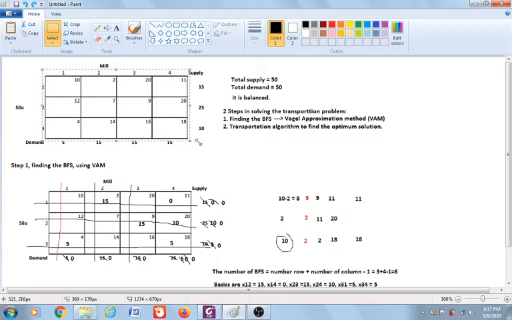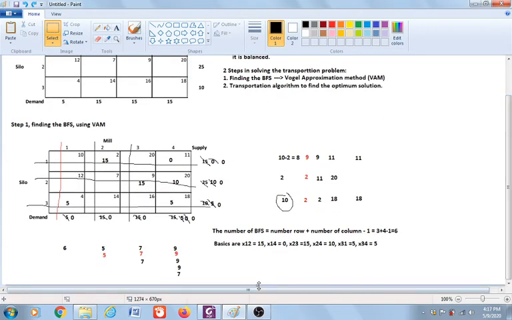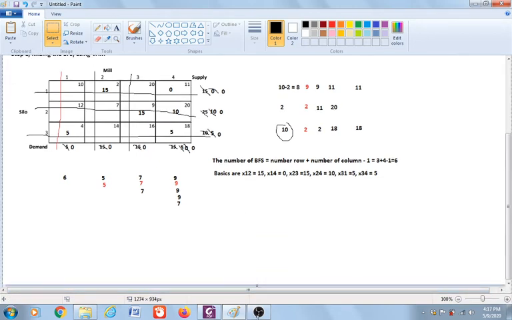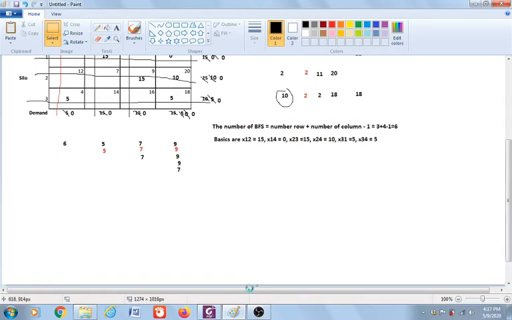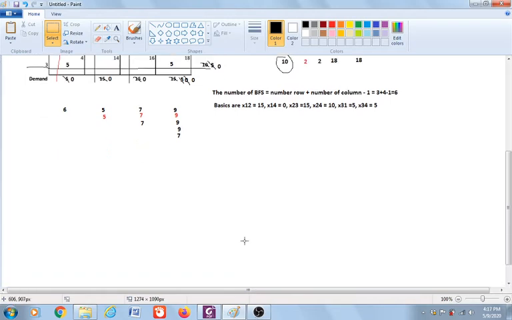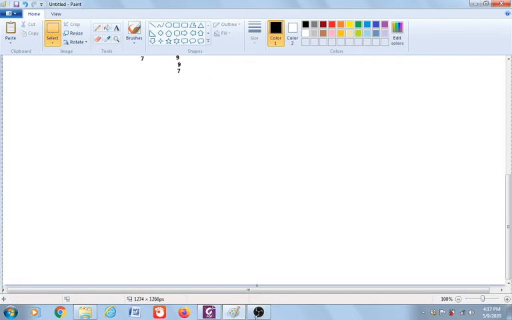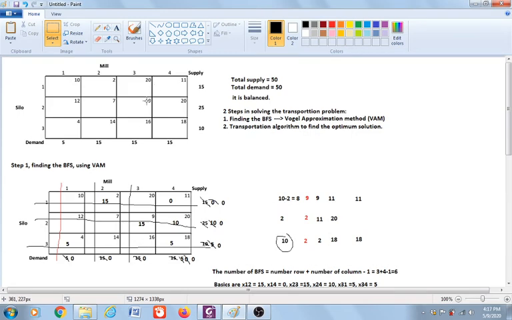I need a larger space. Okay, I think that is enough.